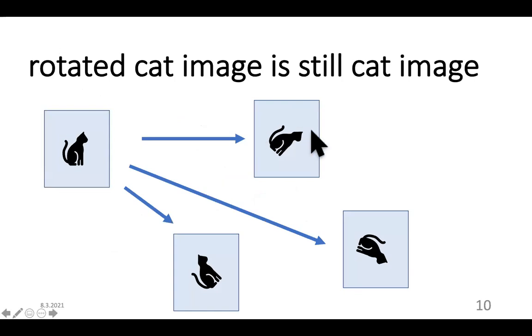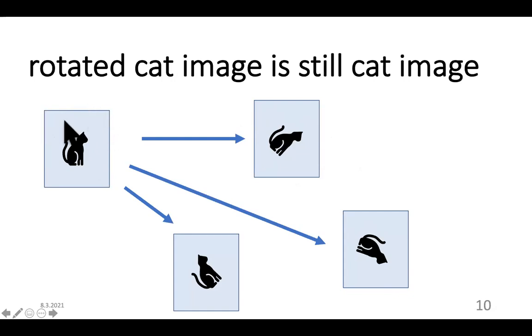Another example: instead of adding noise, I can use some intrinsic symmetries. For example, if you want to develop or learn a hypothesis that outputs cat if an image shows a cat, or no cat if the image doesn't show a cat, then this hypothesis should deliver the same results if you show it some cat image or some rotated cat image, because a rotated cat image is still a cat image.